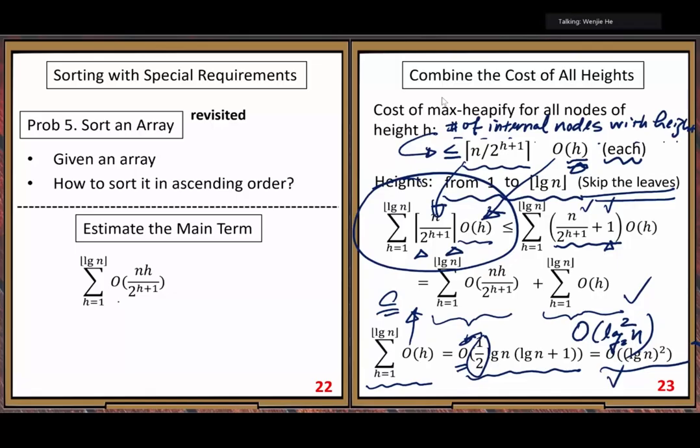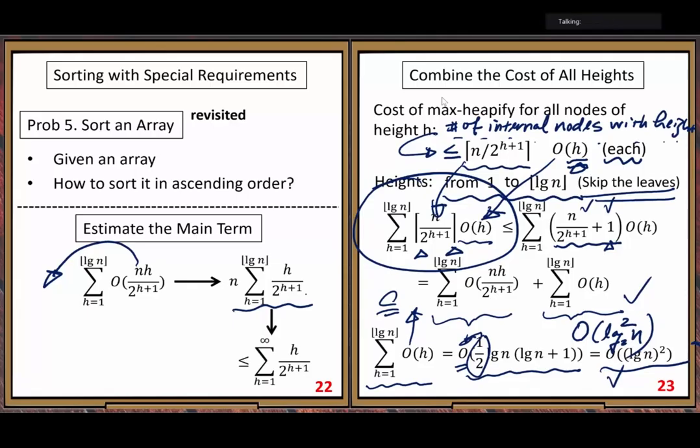So we treat it as a constant and factor it out of the summation notation. After we take it out, we need to calculate this summation expression.